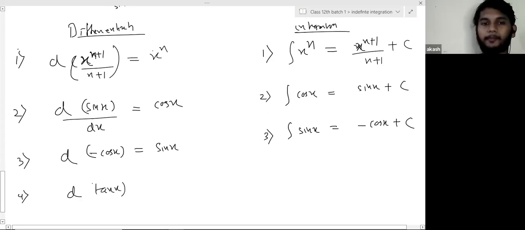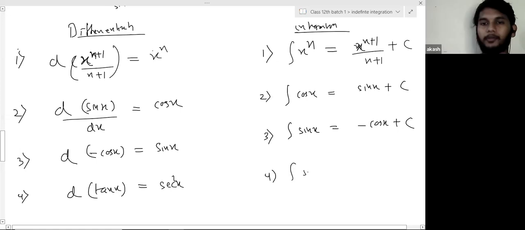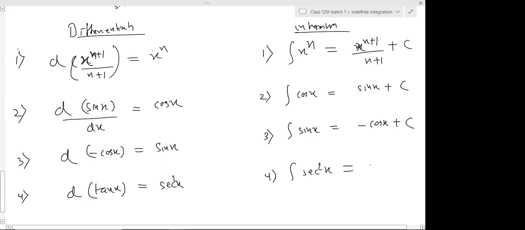Differentiation of tan x is sec square x. So integration of sec square x is tan x plus c.